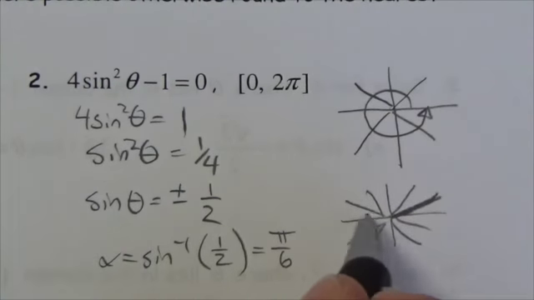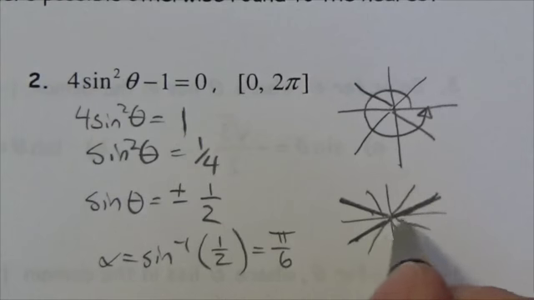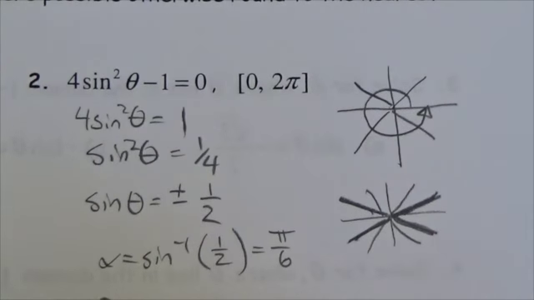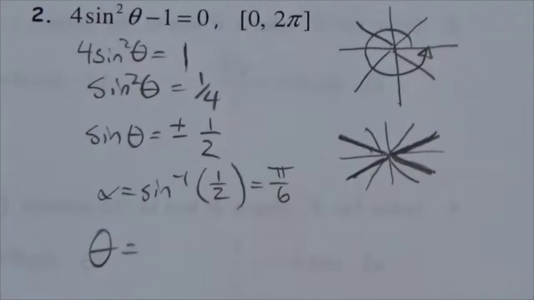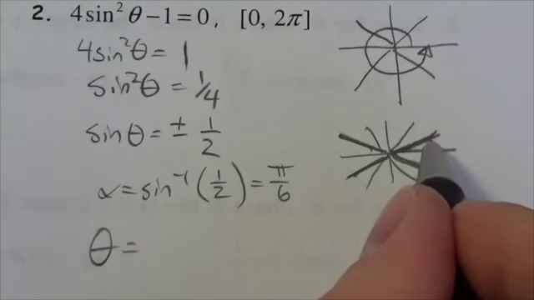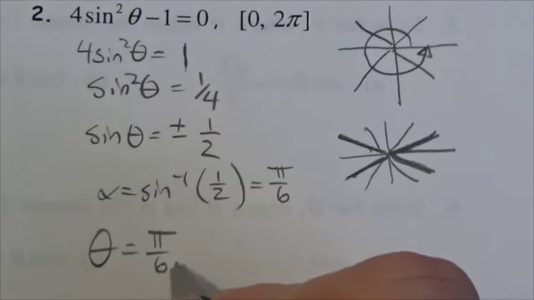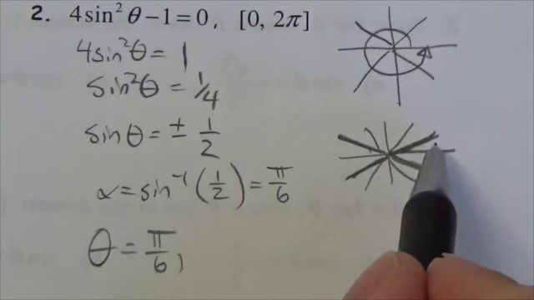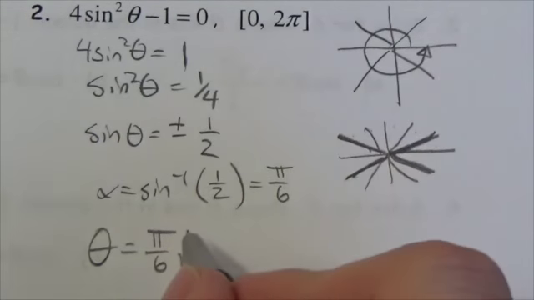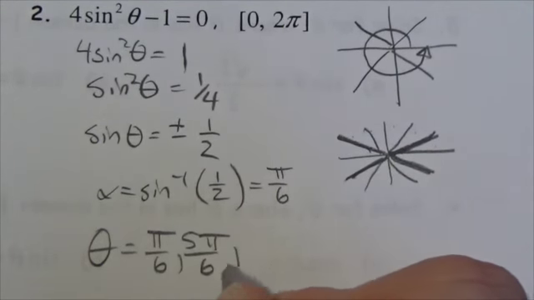Now, the terminal arms that we want are always the ones closest to the x-axis. So now we just count them out here. To get into the first quadrant is a single pi over 6. To get to the second quadrant, that's 1, 2, 3, 4, 5 pi over 6.